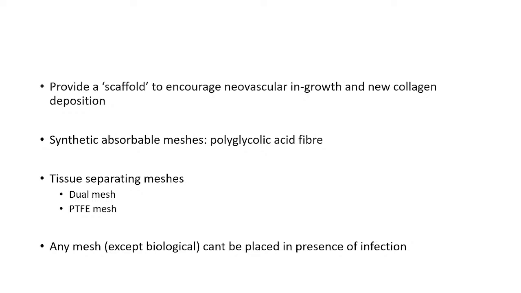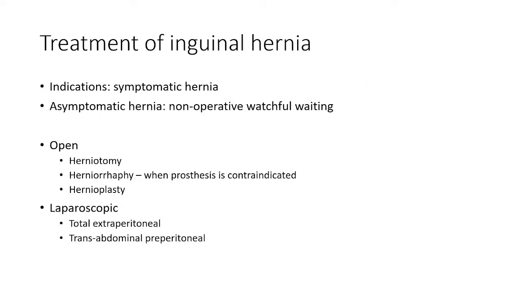So, to place a mesh within the peritoneal cavity, either we use the dual mesh or go for a PTFE mesh. So, these were some things about the mesh. Remember, there are two kinds, biological and synthetic, and we cannot place synthetic in the presence of infection.